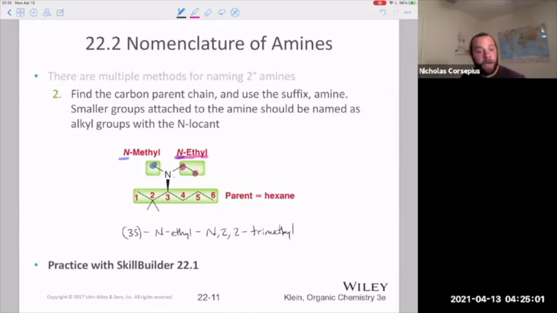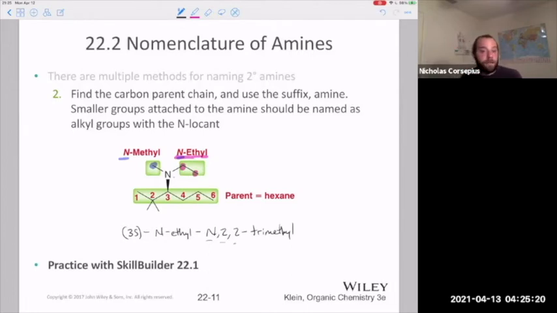N,2,2-trimethyl. If you have multiple methyl groups, the N actually goes before the numbers, but notice how I'm listing it just as if it was 2,3,4-trimethyl or whatever it would be. I'm still just putting those numbers separated by commas in front of trimethyl.